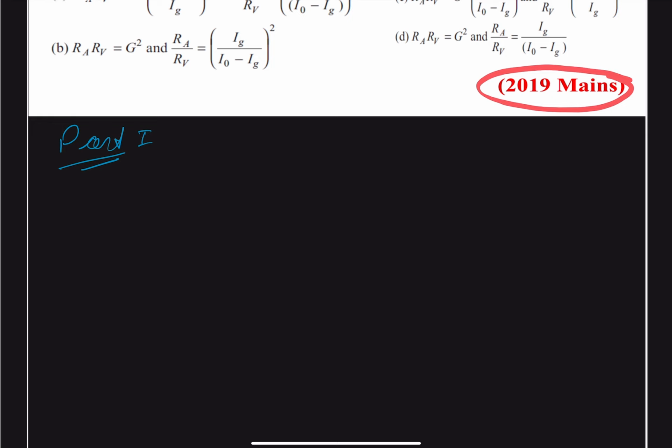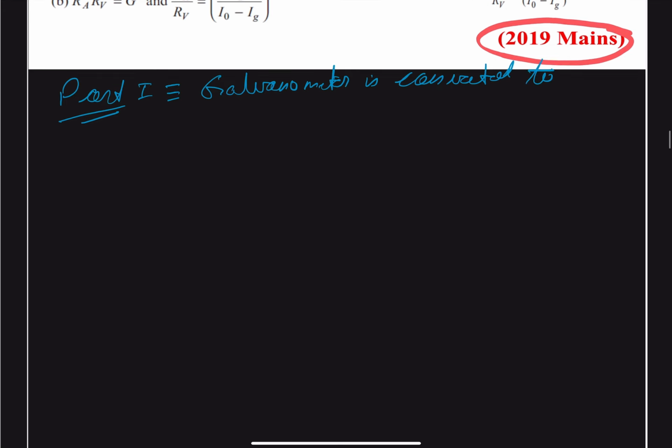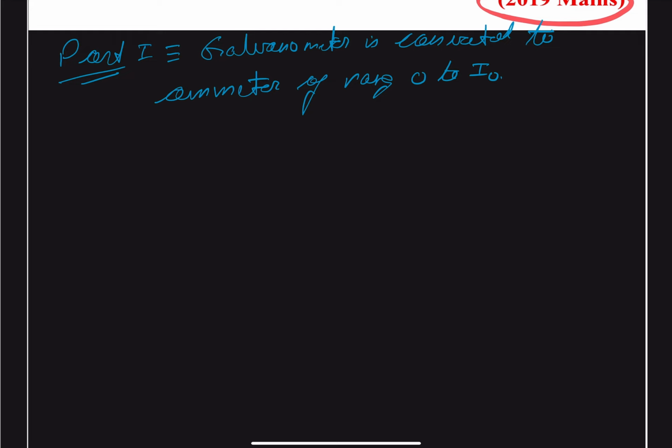In the first part, the galvanometer is converted to an ammeter of range 0 to I naught. So we can draw an approximate figure for that. So this is our galvanometer.